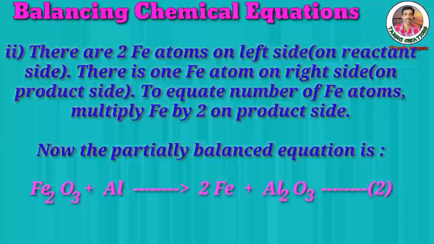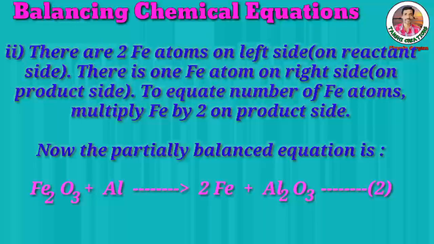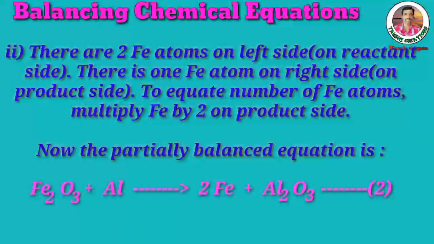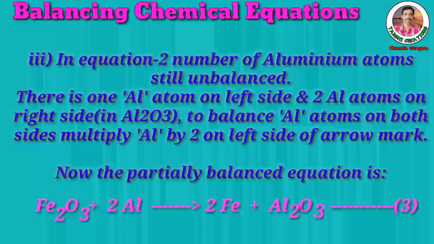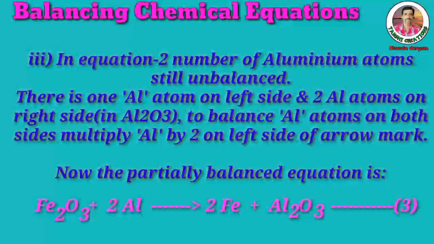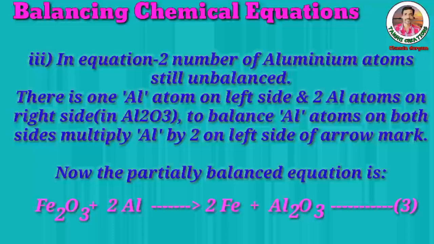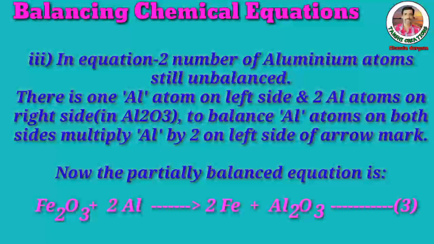Children, observe this equation carefully. Next, number 3, in equation 2, the number of aluminum atoms is still unbalanced. There is 1 aluminum atom on the left side and 2 aluminum atoms on the right side in Al2O3.